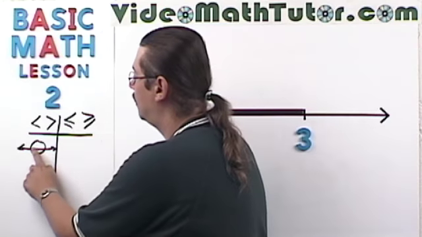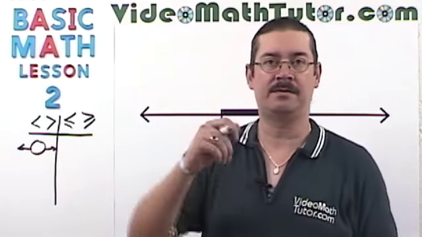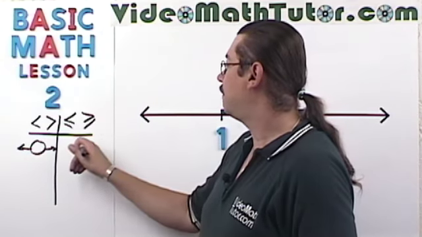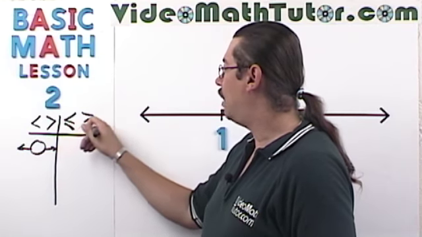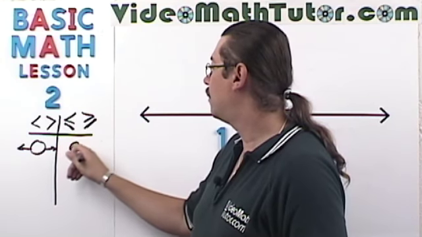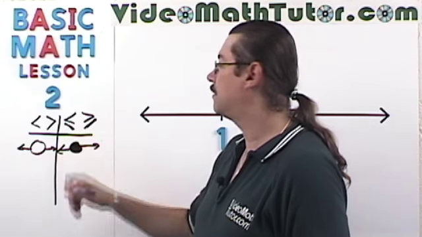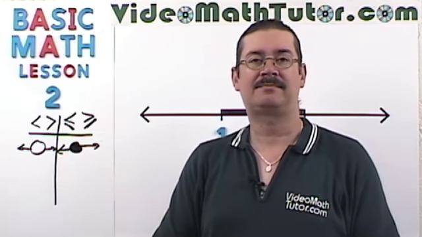Let's go ahead and erase that little part right there, which you would also on your test. If these symbols of equality, it's equals, it can be the dots, it can be the value, then we're going to represent that with a solid dot. Okay?